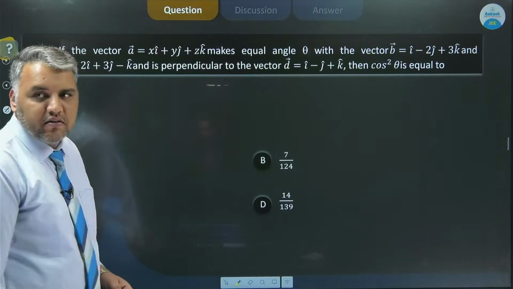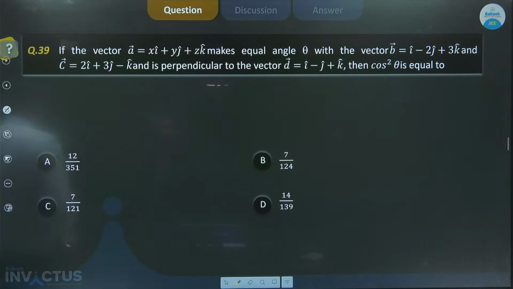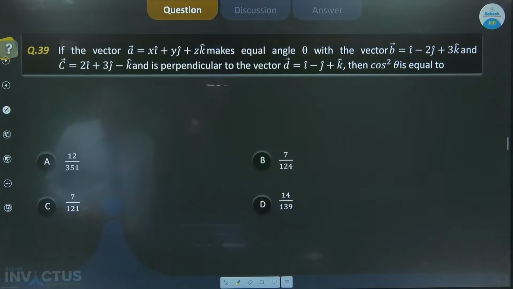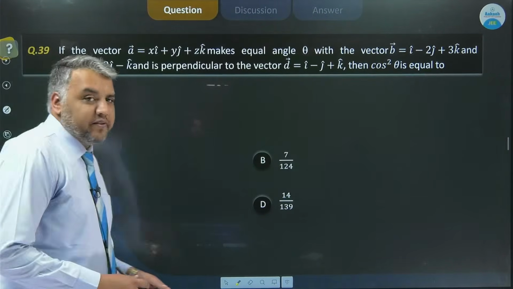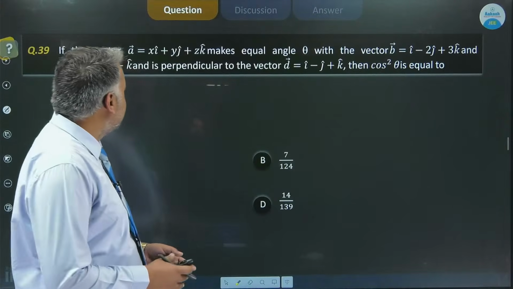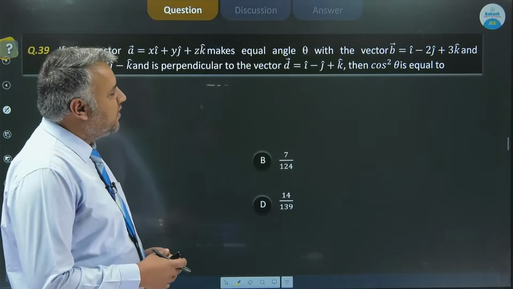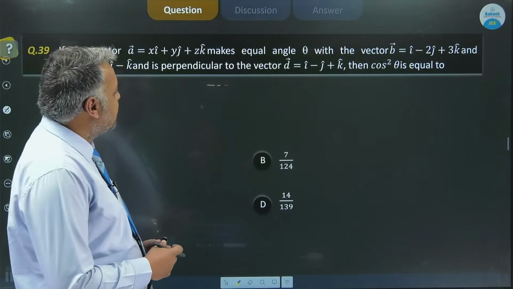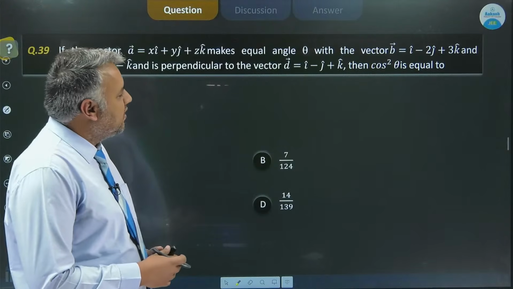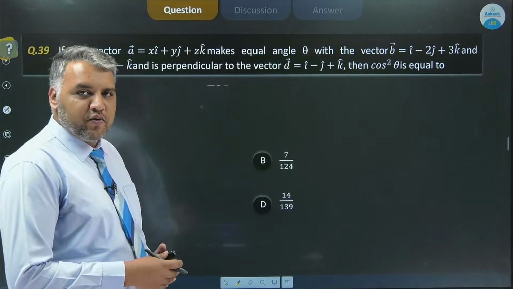In the first question, there is a vector A which makes an angle theta with B and C and makes a 90-degree angle with vector D. Then we have to find the value of cos square theta.